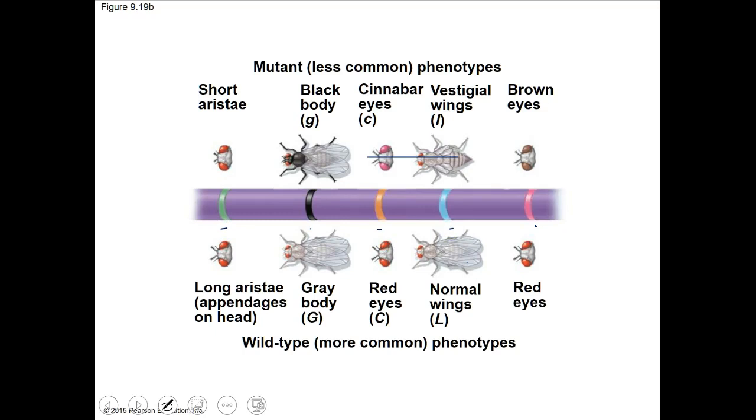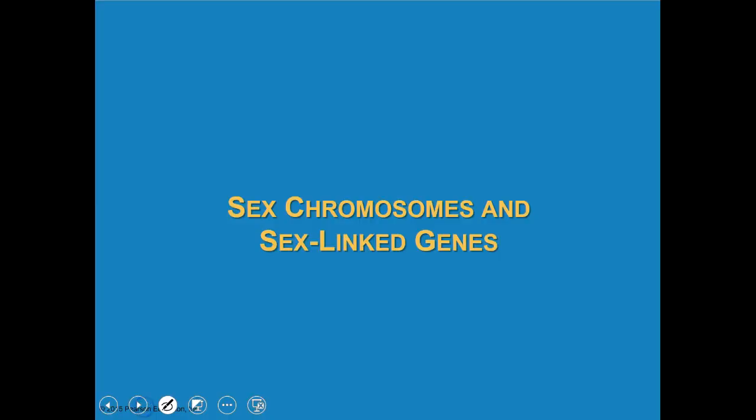So we would assume that the long antennae and red eyes will cross over more often because of how far away they are, and that red eyes and normal wings will cross over less often because of how close they are. So that's all I wanted to give you on that one.